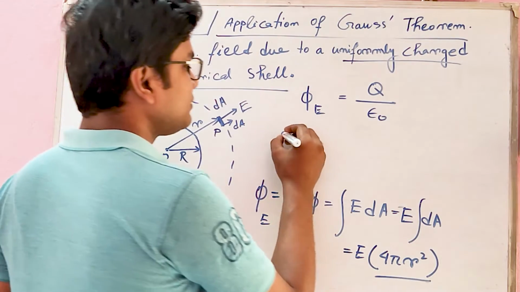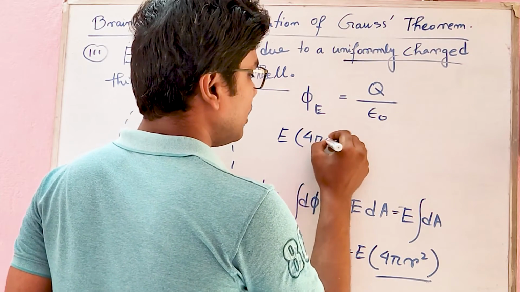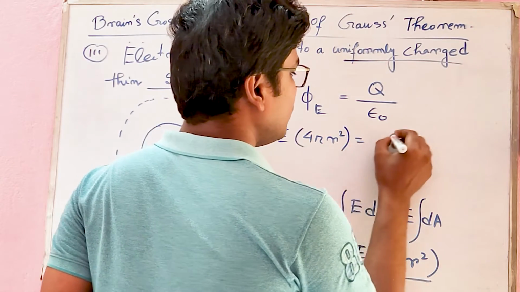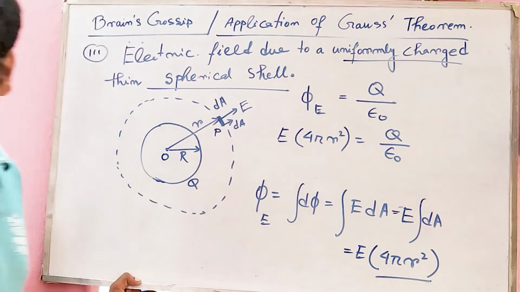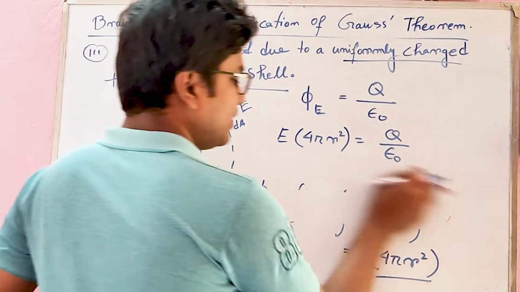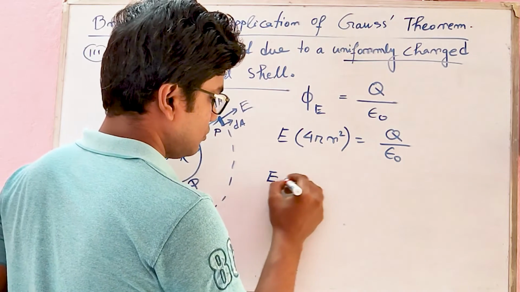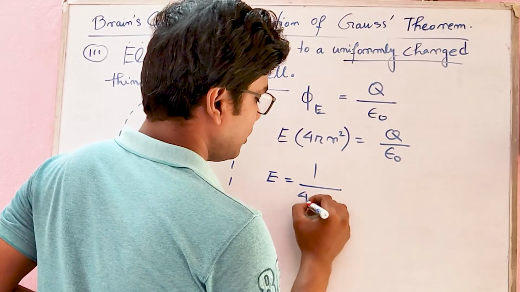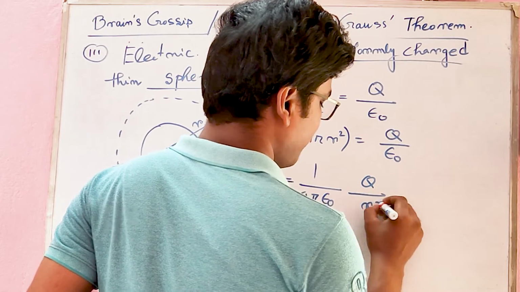Now we can write E multiplied by 4 pi r square equals Q by epsilon naught. So the electric field E equals 1 by 4 pi epsilon naught Q by r square.